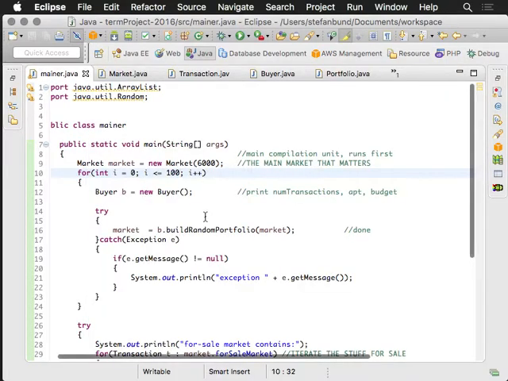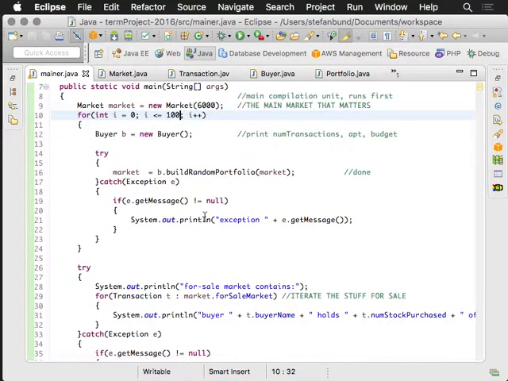So where we're at right now is we now have IPO market, which are things that are still for sale by their bankers, right? And then we have shares that are no longer available in the IPO market, but are available by buyers. And so we want to set up a condition where if you try to buy a stock and it's out, or the number of IPO shares is depleted, you should be able to go to the for sale market and get it on the aftermarket, the used stock market, if you will.